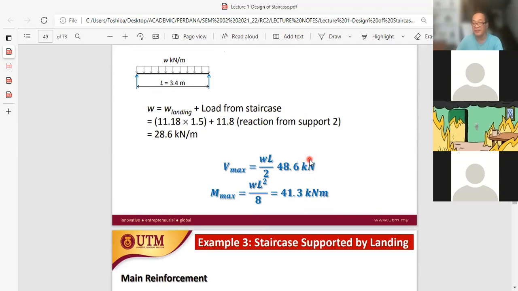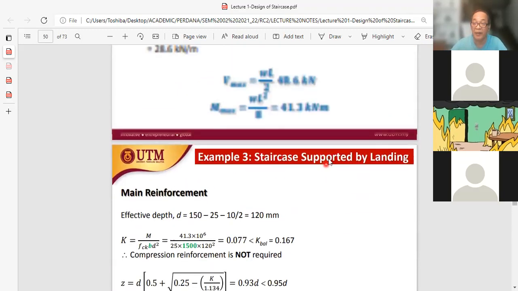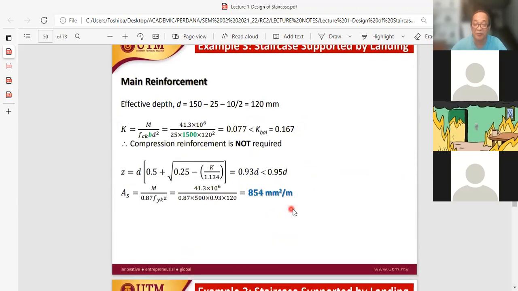So we are using moment in kilonewton meter, shear force in kilonewton point load, bending moment in kilonewton meter, which means the reinforcement is now in millimeter squared only, not millimeter squared per meter. This was a mistake.